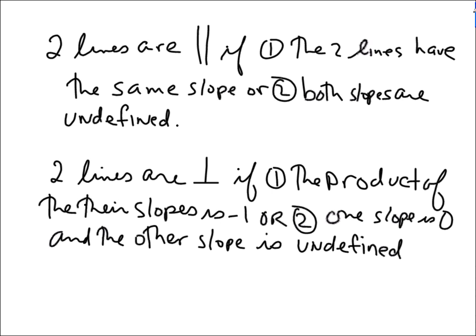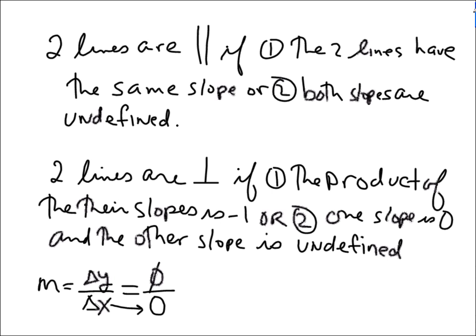Now, what is this undefined slope? Well, a slope is the change in y over the change in x. And if it's undefined, I didn't say indeterminate, I said undefined, that's when the bottom is 0 and the top is not 0. The change in x is 0.